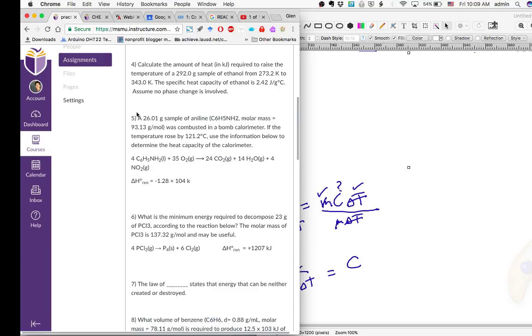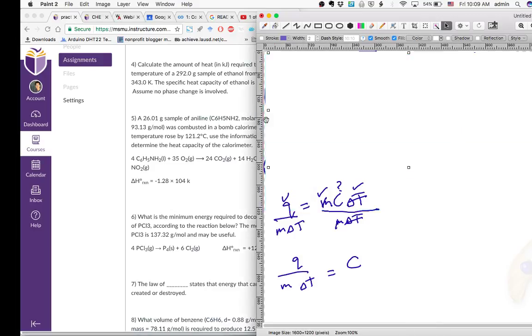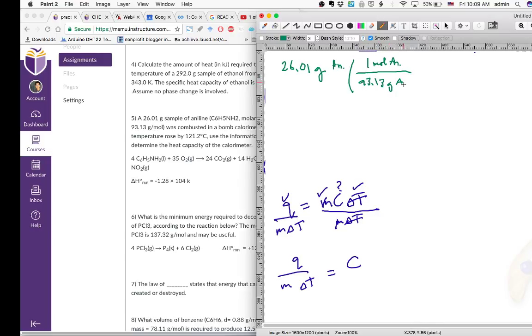They give me the molar mass, 93.13. So I've got 26.01 grams of aniline. I'll just say AN. And in 1 mole of aniline, I've got 93.13 grams of aniline. All right? The grams cancel, now I have moles.